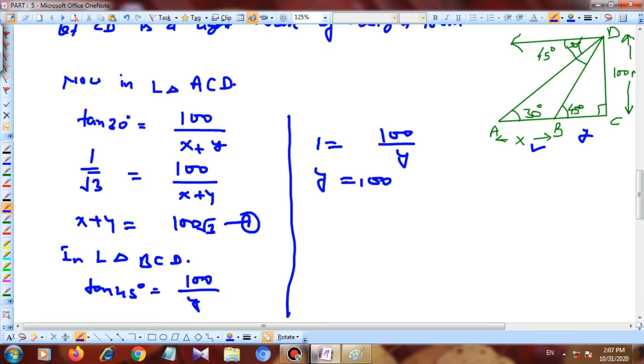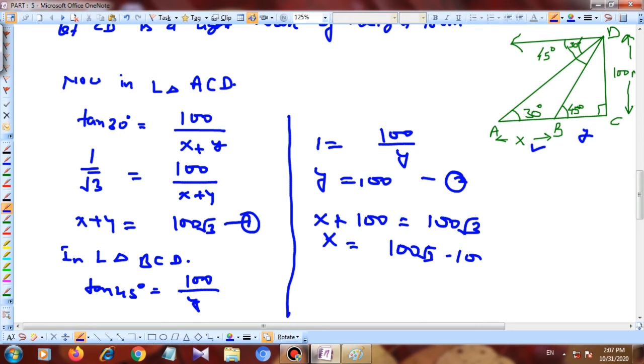Right? Now put the value of y from the second into the first equation. Then you will get x plus 100 equals 100 root 3. Then you will get x equals 100 root 3 minus 100. So x equals 100 bracket root 3 minus 1.